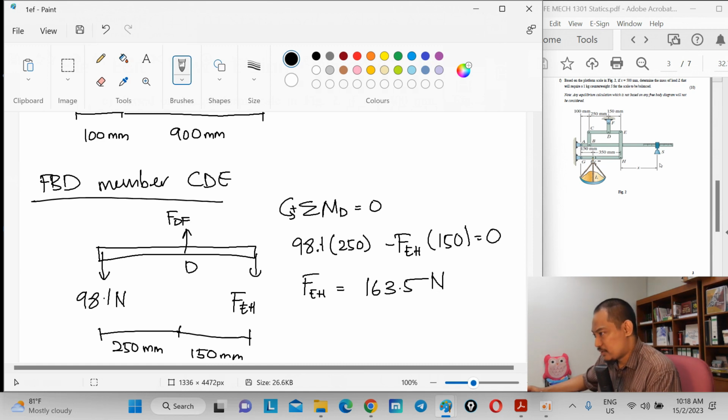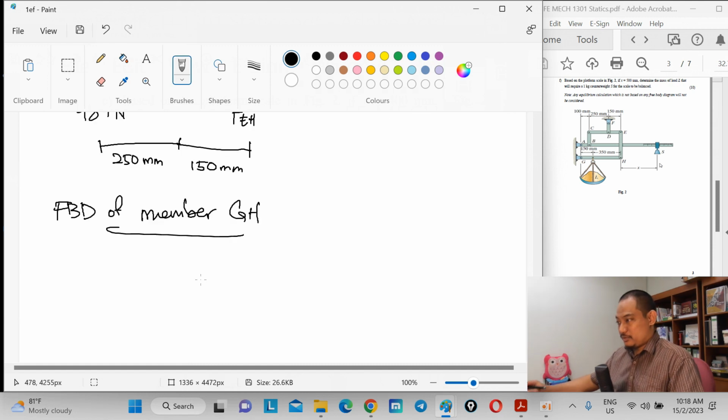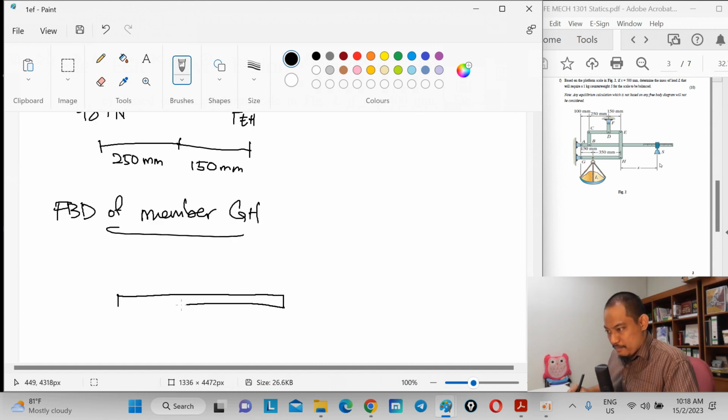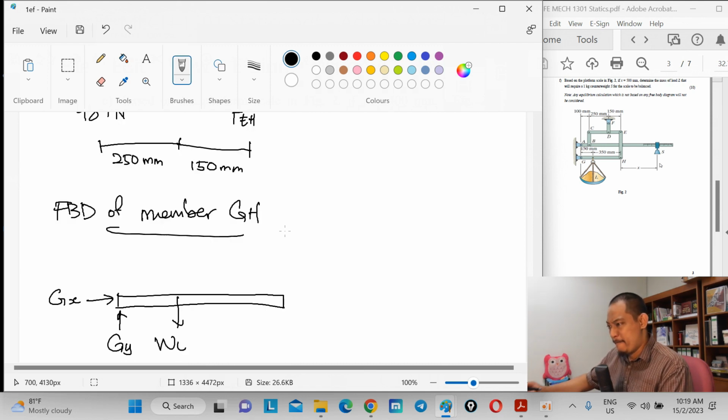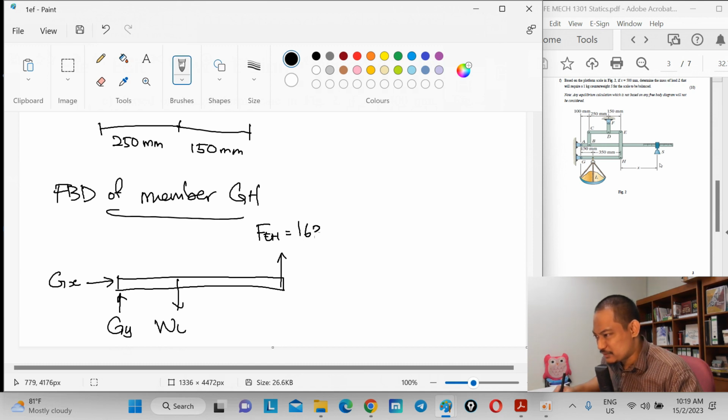We can go to the bottom here, GH member, free body diagram of member GH. Subhanallah. Okay, you have GX, GY, and then you have the weight L, and now you know FEH, which is 163.5 Newton.